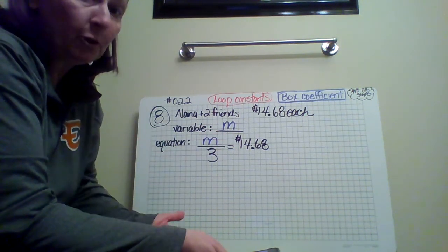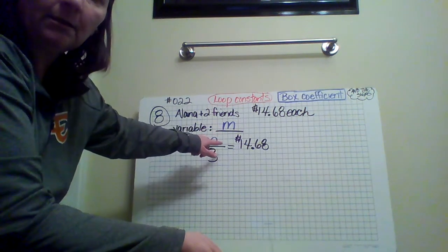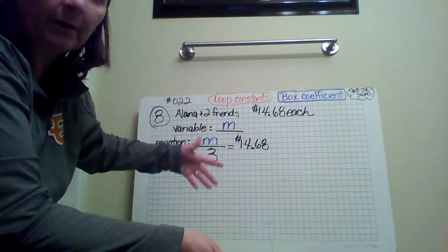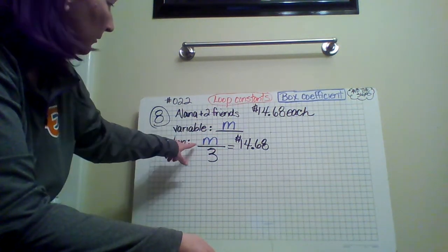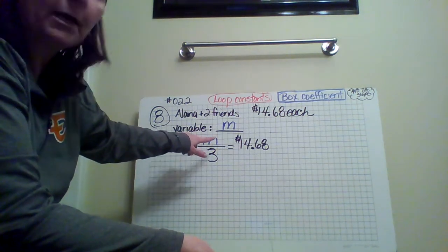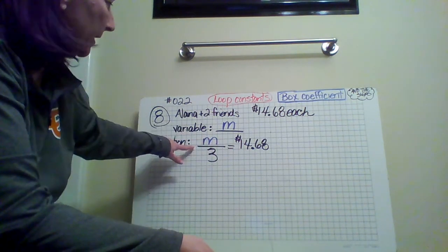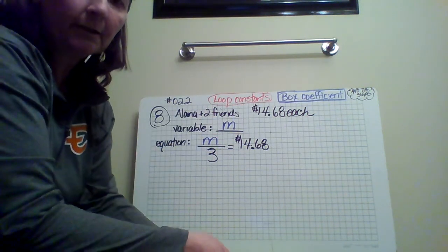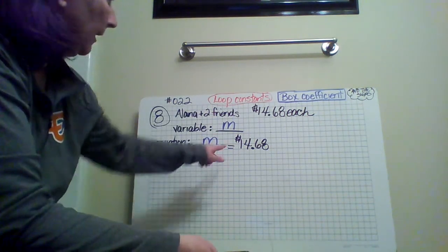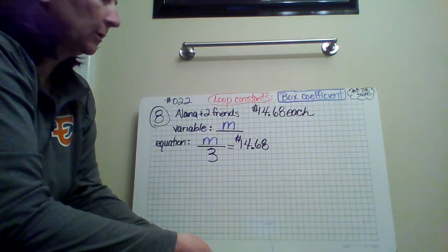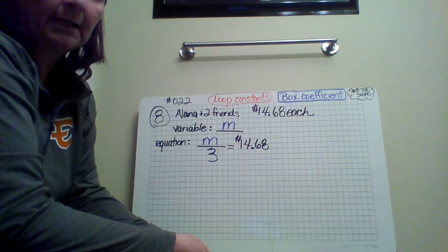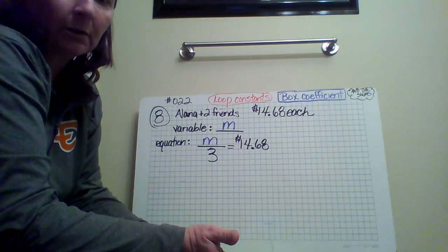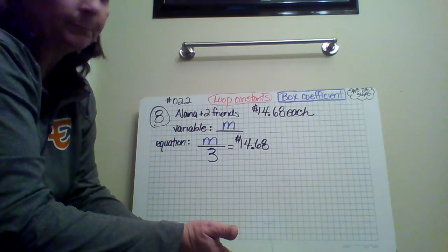Could be anything that you want, but it makes sense that we're talking about a meal, so I used the letter M for the variable. So the total cost of the meal divided by 3 people. Remember, Elena plus 2 friends, that's 3 total people, and each person is supposed to pay $14.68. So we need to find out what was the total amount of the meal.